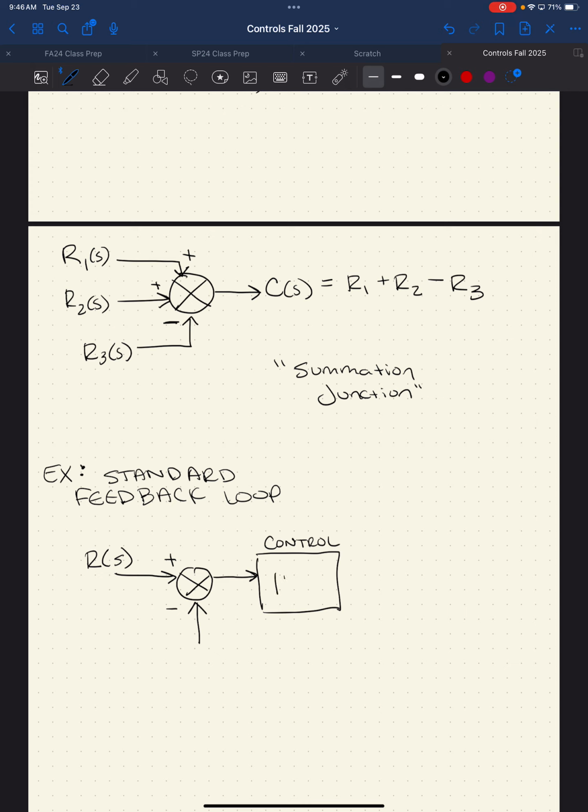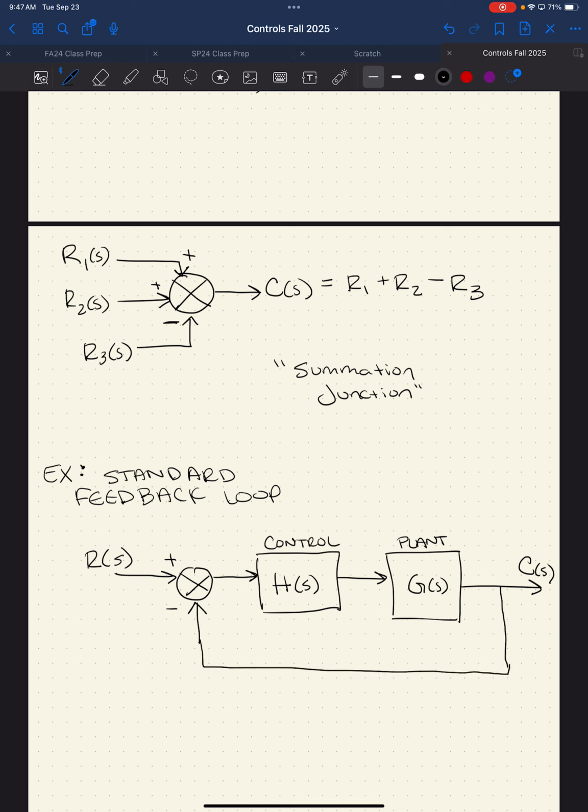And I'm going to give this a transfer function big H of S. This usually goes into a plant. We usually give this a G of S, which creates an output C of S. We then have a pickoff point that goes back as feedback.